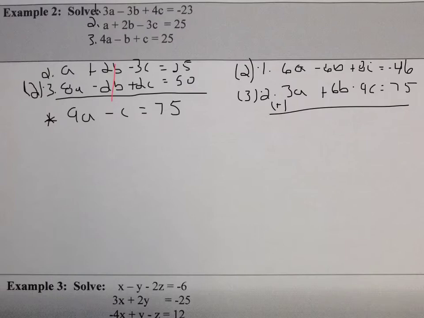When we add them up, we're going to get 9a. The 6b and negative 6b are going to cancel out. And I'm going to get a minus c equals 75 and 46 is, shoot, grab my calculator.